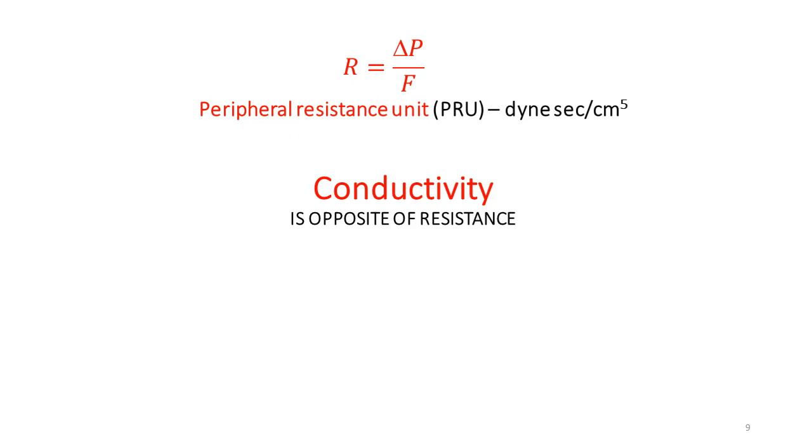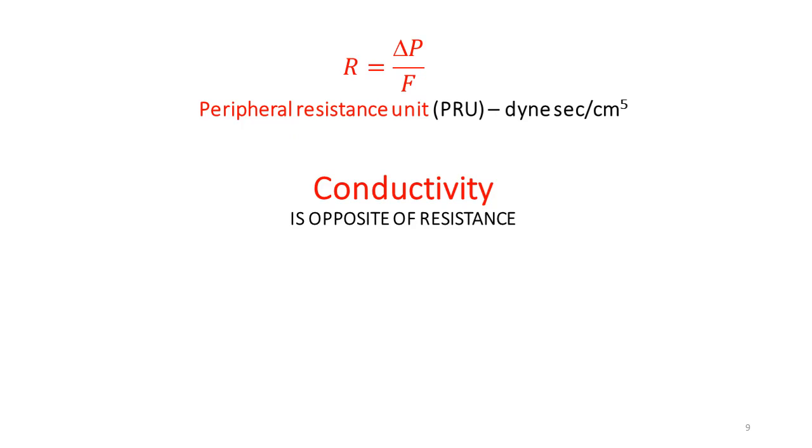Any factors that have a role in resistance change conductivity in a reverse form. For example, you know, reduction of diameter to the power of 4 can increase resistance. But how about its role on conductivity? Yes, that's right. Increasing diameter to the power of 4 has a direct relation with conductance, or conductivity.